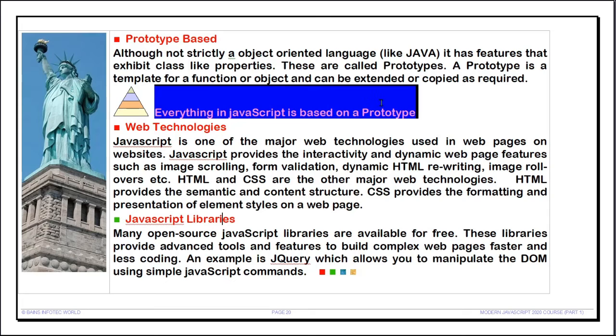Everything in JavaScript is based on a prototype, so every command that you use, print, alert, any command in JavaScript is derived from a prototype. And eventually all of the commands and all of the prototypes are derived from the object prototype, which is the master prototype.